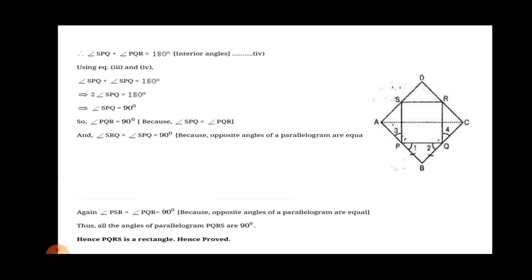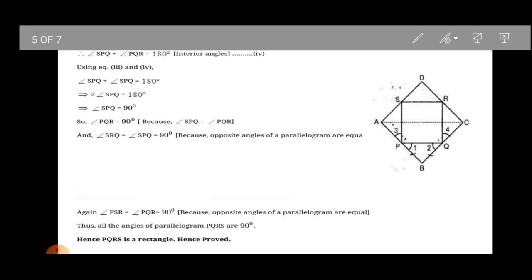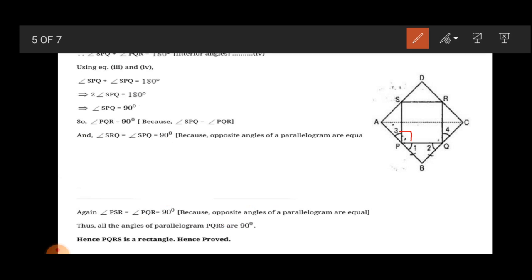Now angle SPQ plus angle PQR is equal to 180 degrees, because SPQR is a parallelogram and adjacent angles of a parallelogram are supplementary. Now angle SPQ is equal to angle PQR, we have proved above.